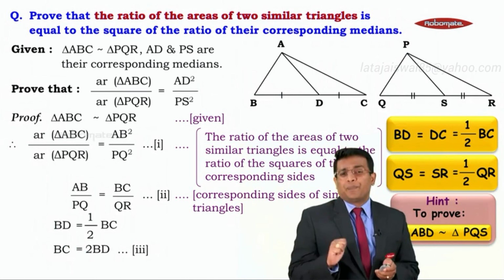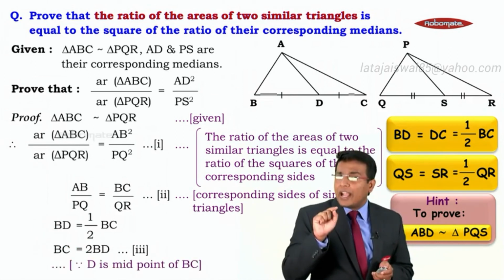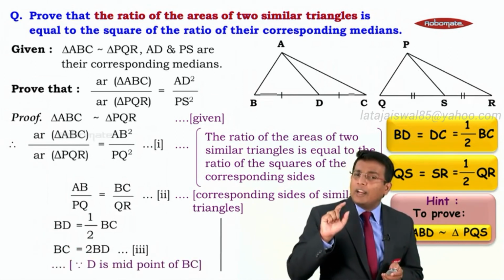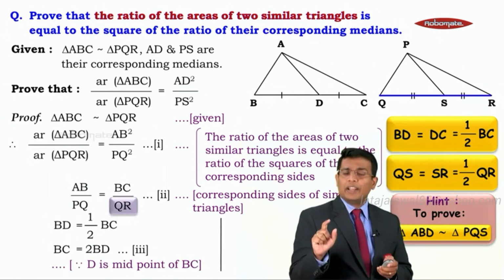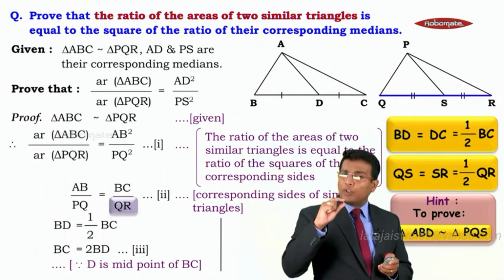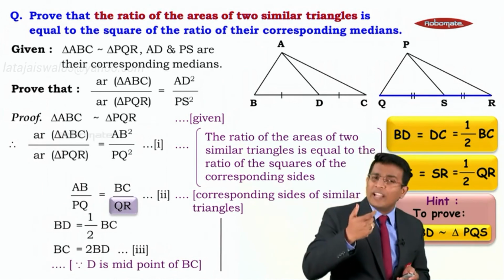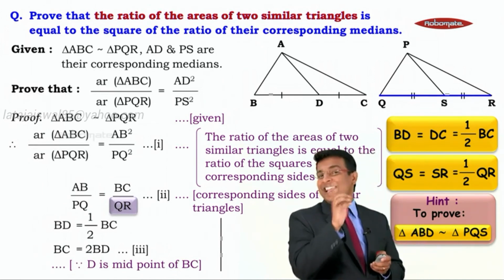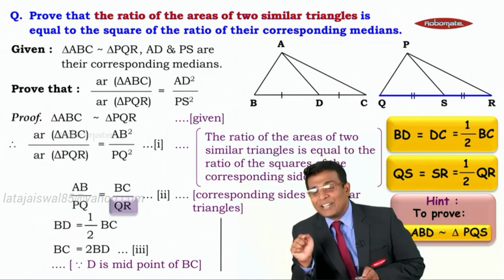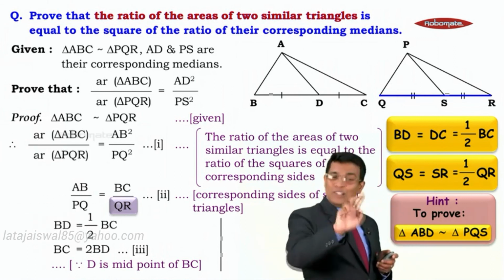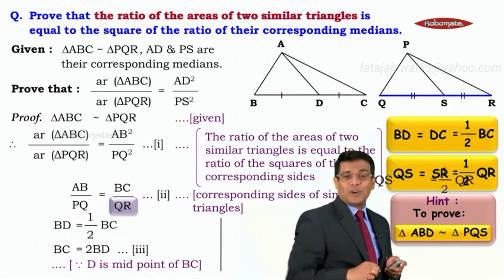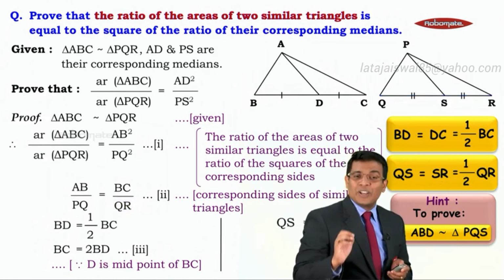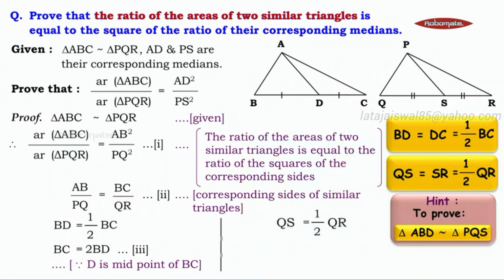Now the next one. The same way, I don't want QR, I want QS there. So I need to create a relation between QR and QS. Is it possible? Yes, the same way as we did just now in statement number 3. We can say that QS is half of QR.